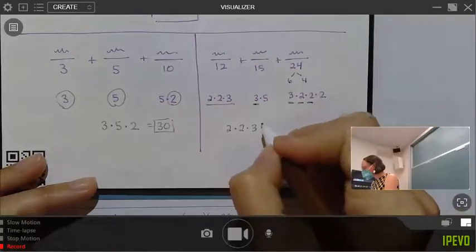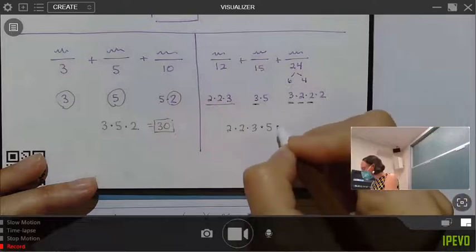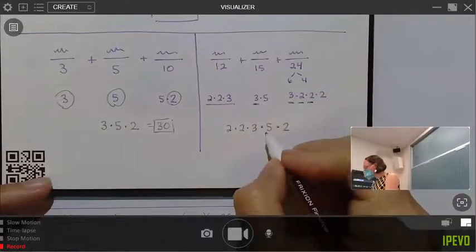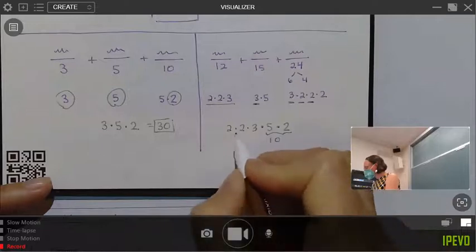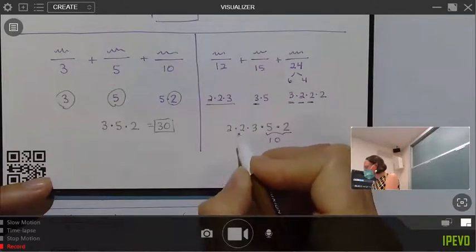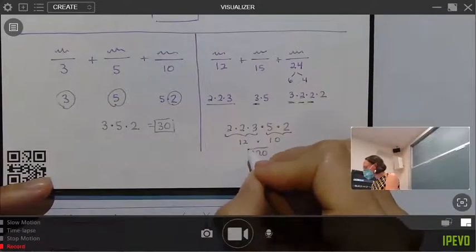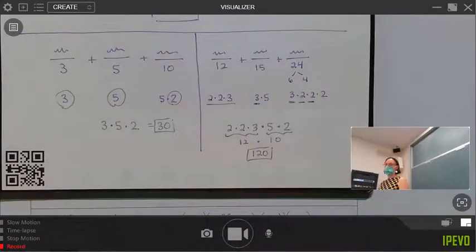But I still need a 5 and also another 2. And then I could multiply those back together. So that's 10. And 2 times 2, that's 4 times 3, that's 12. So my common denominator here would be 120.